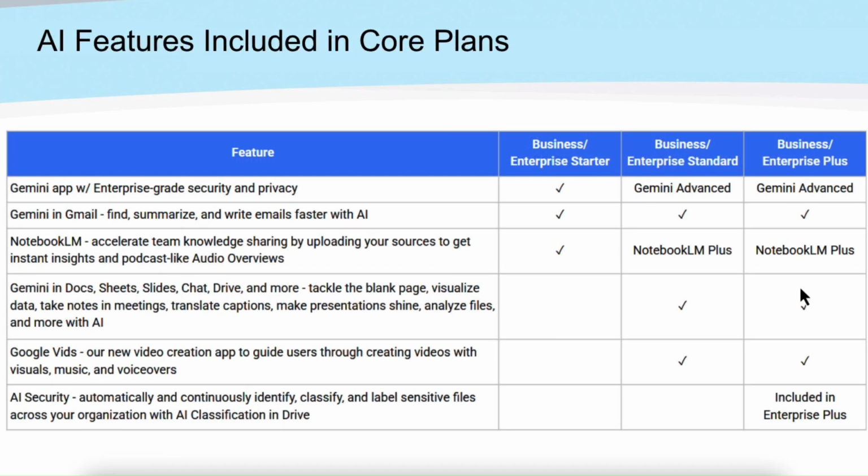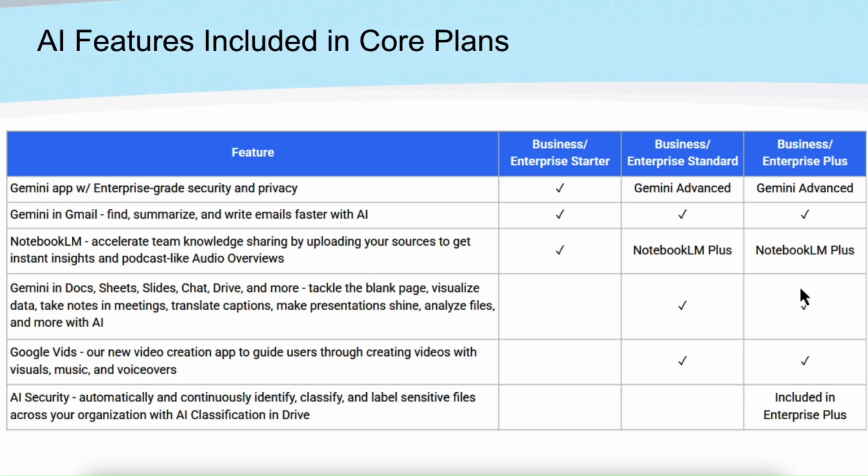This is just a really high-level overview of the AI features in different core plans. You can see we scale up from Business and Enterprise Starter. You have the Gemini app, the standalone gemini.google.com, Gemini within Gmail, and NotebookLM, which gives insights and overviews into different materials that you supply to it.